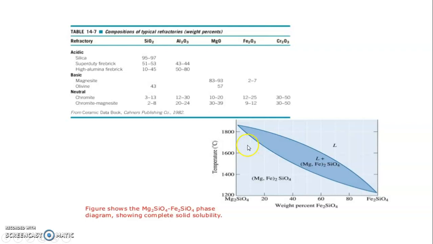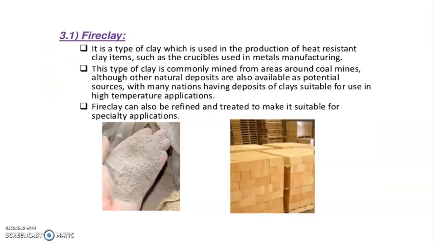So here the figure shows the Mg2SiO4 and Fe2SiO4 phase diagram showing complete solid solution. This is a simple refractory, composition of typical refractories. Here you can see the fire clay.